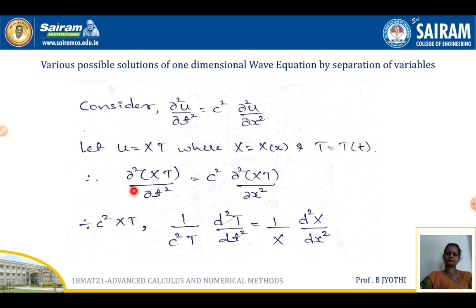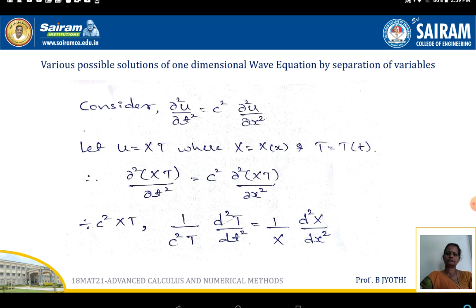When X is taken out, it will be ∂²T/∂t², and it will become an ordinary derivative because it is a function of a single variable. And similarly with respect to t, the X function will become 0.